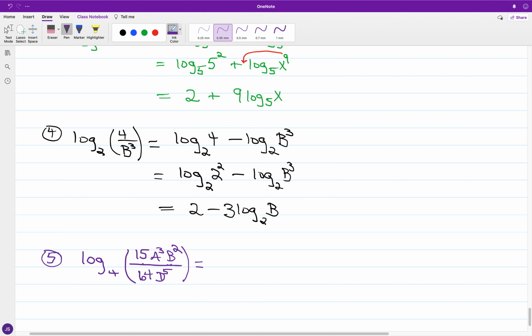So I've got really 3 factors in the numerator and 2 in the denominator. If we look at expanding, I'm going to work with what's at the top first.